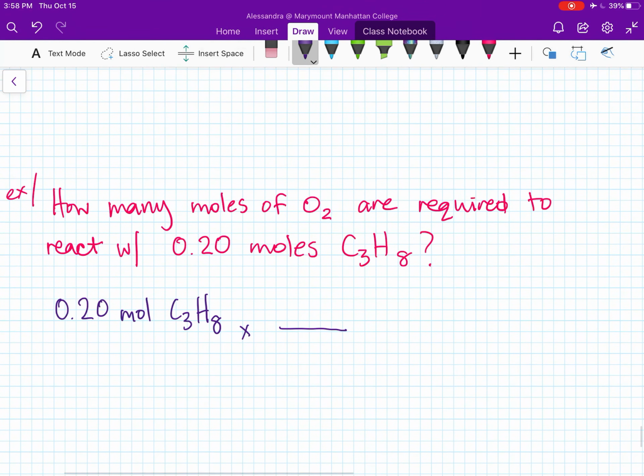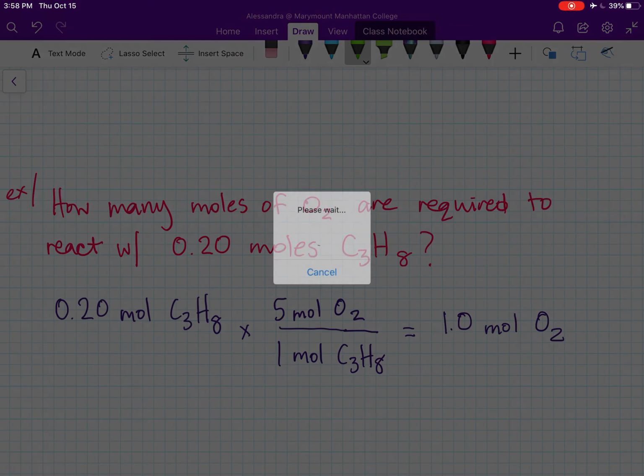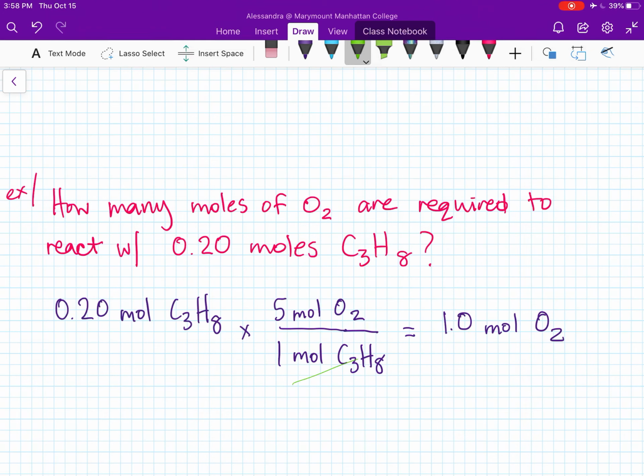So I can say I have 5 moles of O2 for every 1 mole of C3H8. And again, these are just from the stoichiometric coefficients. 0.2 times 5 is going to give me 1 mole of oxygen. And you can see how I'm able to cancel out the moles of propane here.